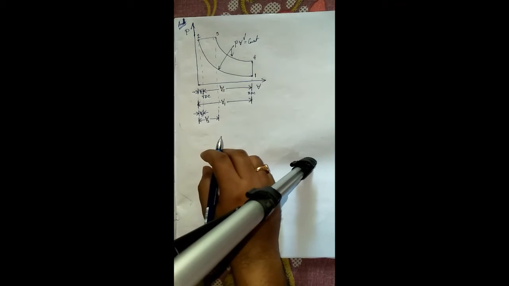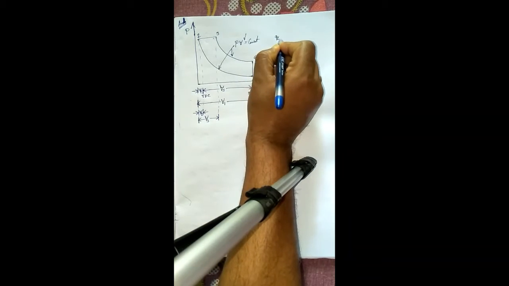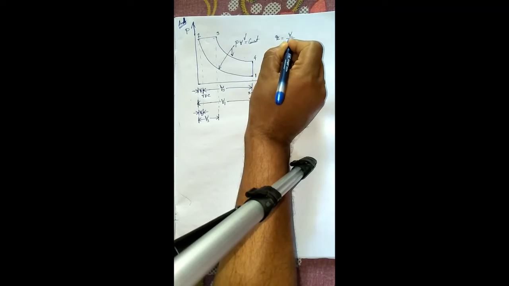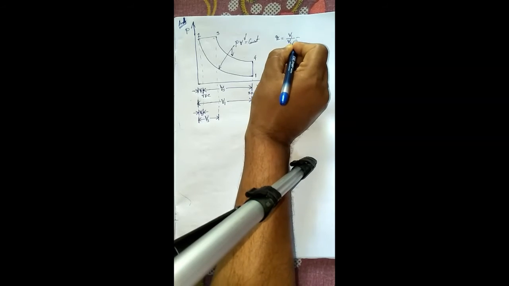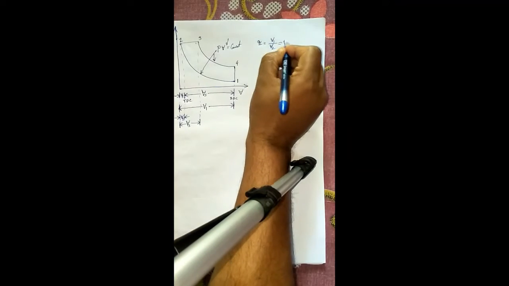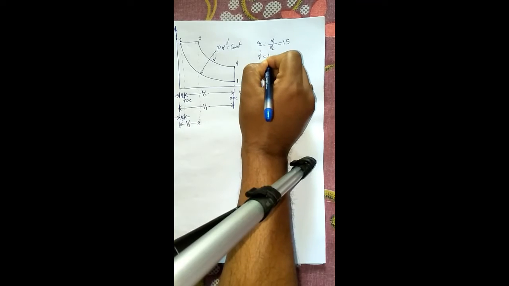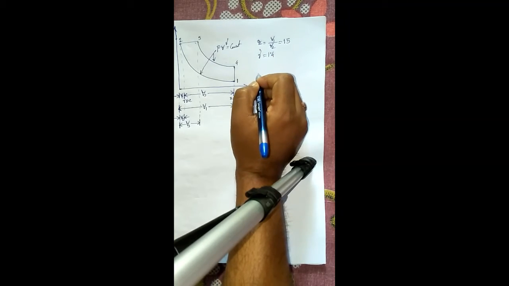Okay, so let's start. The compression ratio r is equal to V1 by V2, and it is given as 15. Gamma for air, which is also given, is 1.4.